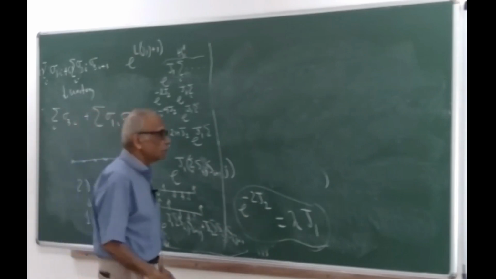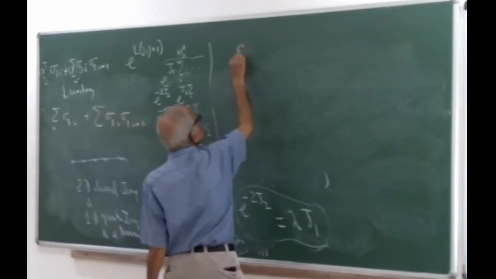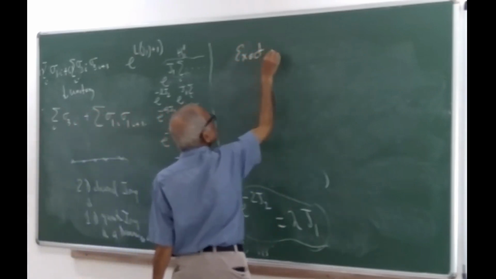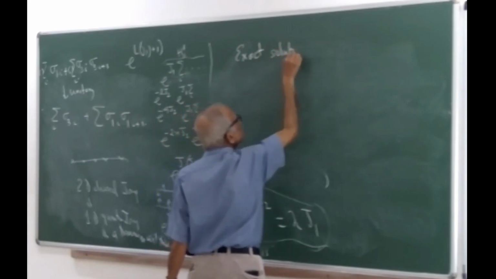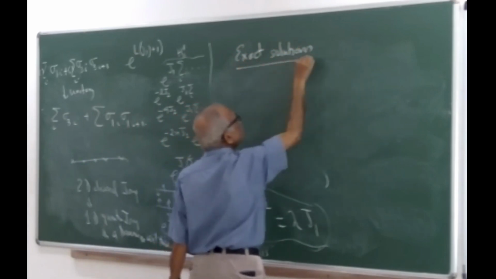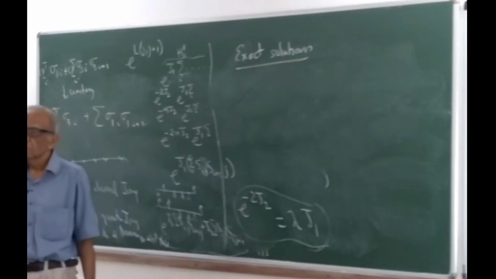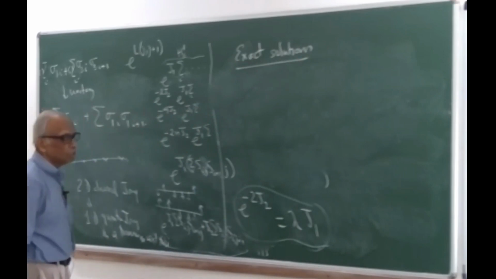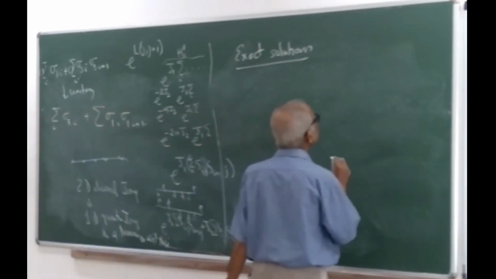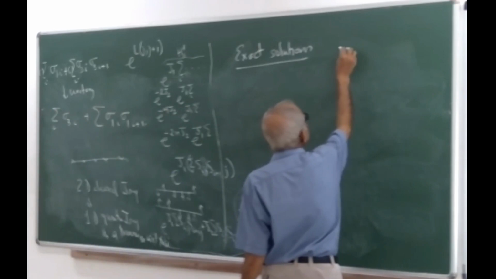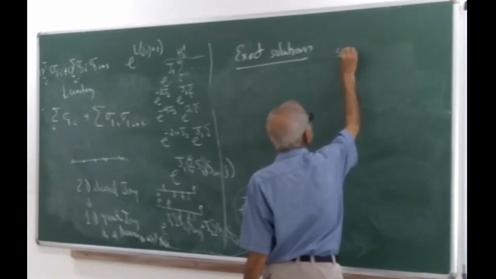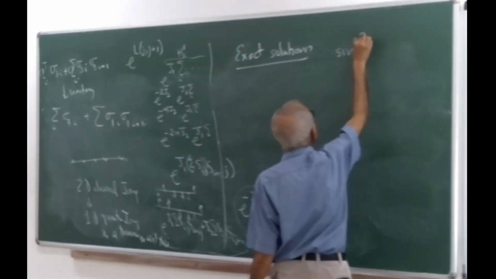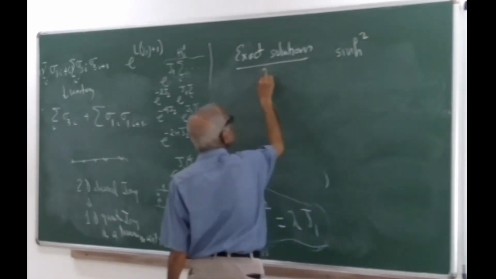So, two exact answers. Exact solution of a two-dimensional Ising model, exact solution 2D Ising.